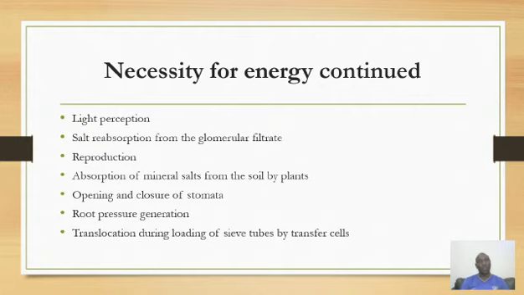Therefore, loading of these organic substances requires energy. In summary, we have seen that respiration leads to production of energy, which is used by organisms for a variety of functions. It plays big roles in the life of living organisms in order to support life.